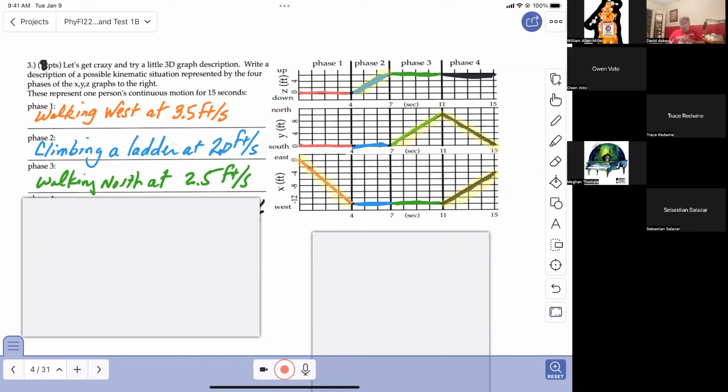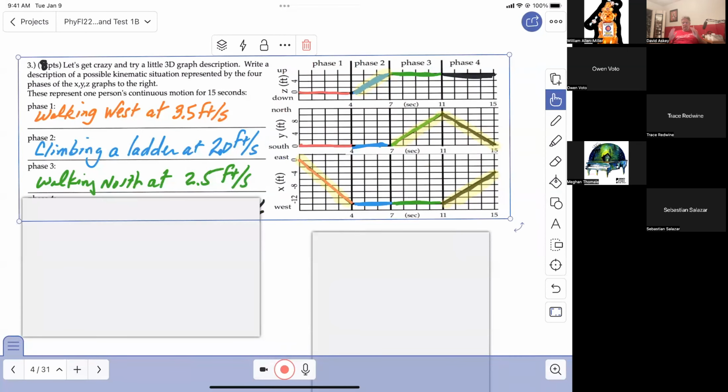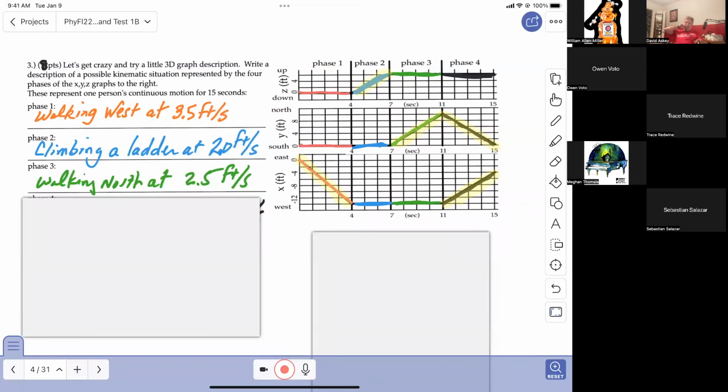We're dropping 10. We're going 10 feet south in 4 seconds. And please tell me we're going east, from -14 to 4... Yeah, good. So we go 10 feet south and 10 feet east.